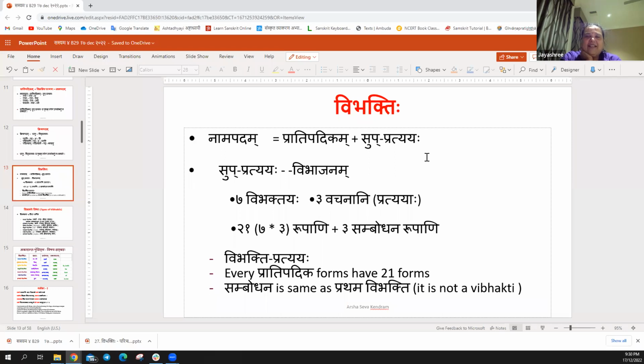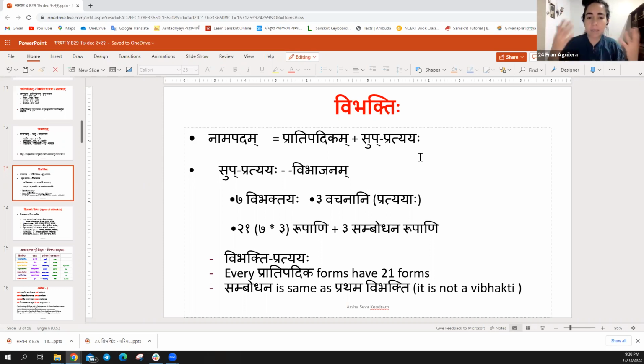Did you understand what this whole slide is about? Can you please explain? The Namapadam, the root word, is composed of two parts, the Pratipadikam and the Supratyaya, which entirely makes it Subantam or Namapadam.